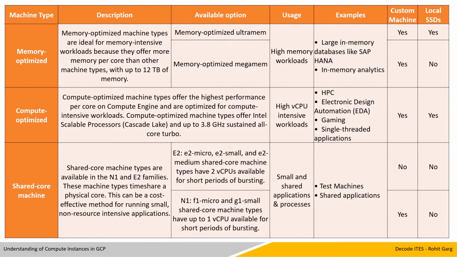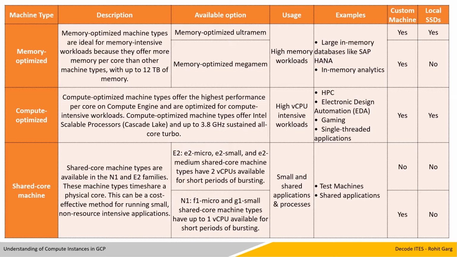The third type of machine available is compute optimized. Compute optimized machines offer the highest performance per core on Compute Engine and are optimized for compute intensive or CPU intensive workloads. Compute optimized machine types offer Intel scalable processors up to 3.8 GHz sustained all-core turbo. This is the current configuration.